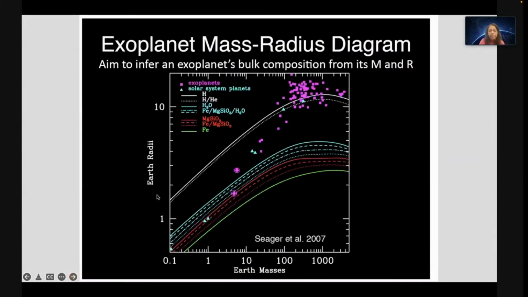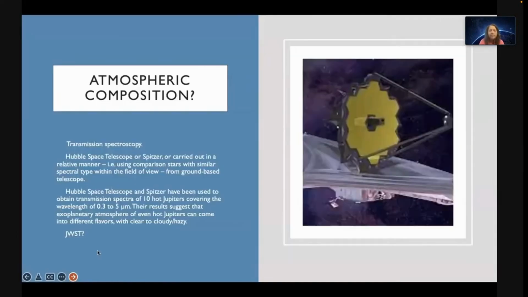A very important parameter is the radius versus mass, because that gives you an estimate of the density of the planet, which gives you an estimate of the composition of the planet. So if you have a handle on the density, you can talk about what kind of a planet you are looking at, and that's what people try to infer from the data you get from exoplanets.